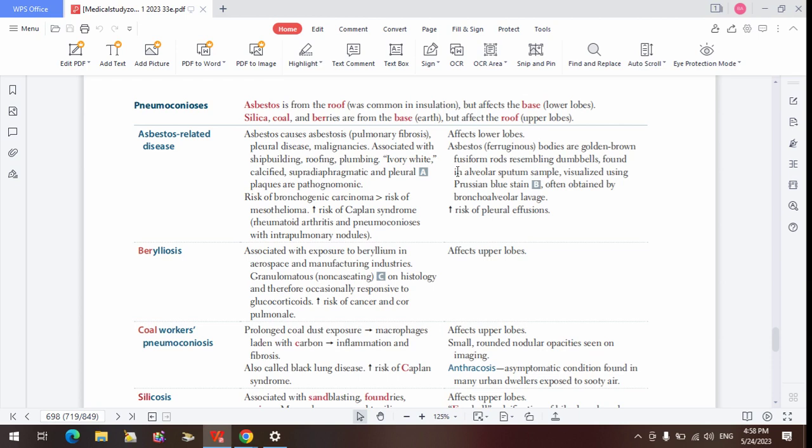But I must also mention that it's a component of engine oil, so mechanics can also be affected with asbestos related problems. So mechanics, electricians, plumbers, builders, roofers and ship builders can all be exposed to asbestos.